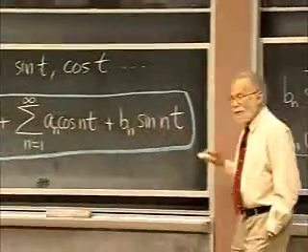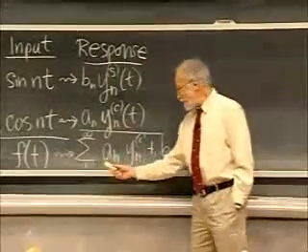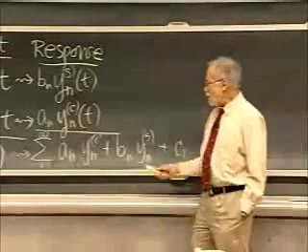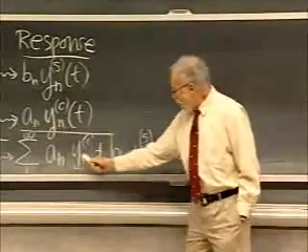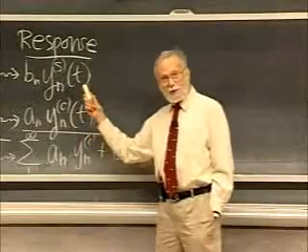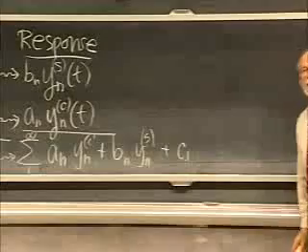Then the response to that general f of t will be this infinite series of functions, where these things are things you already know how to calculate. They're the responses to sines and cosines, and you just form the sum with those coefficients.